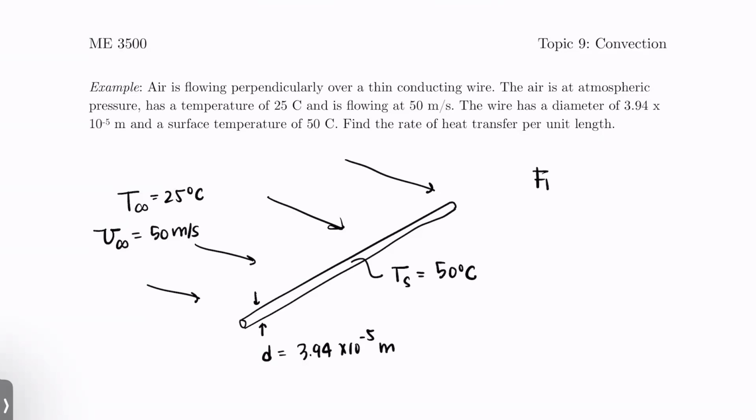So we want to find Q dot divided by L. Does that make sense? Okay. Any questions on the setup?